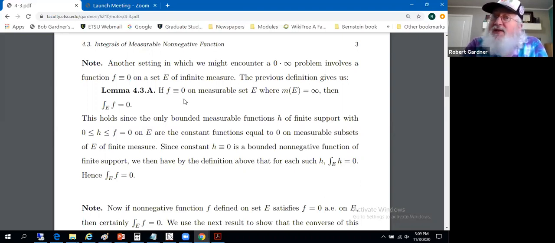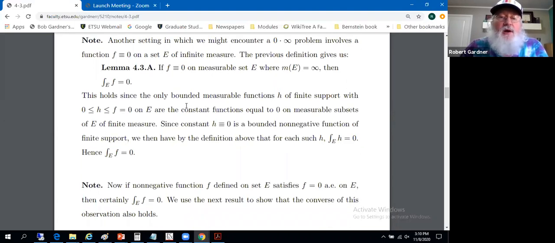It's never positive, so I can take any set I like to indicate the set on which we have the function identically 0 on the complement, right? It's 0 everywhere. So this will follow that when the function is identically 0, then the integral is 0, even if the measure of the set is infinity, which doesn't seem at all surprising.